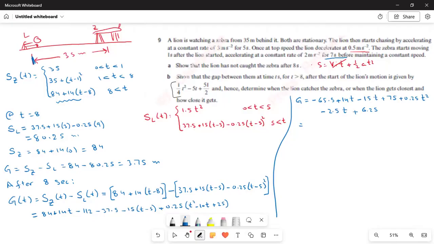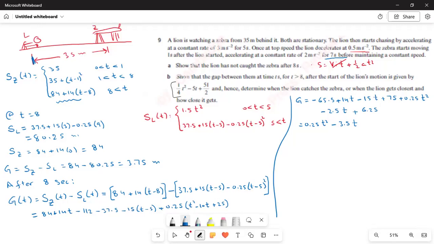Okay, so now if I write it properly, it is 0.25 t squared, right? How many t's do I have? 14 minus 15 is minus 1, this is minus 3.5t, okay? And the constants I have are 6.25, this is positive, plus 75, right?